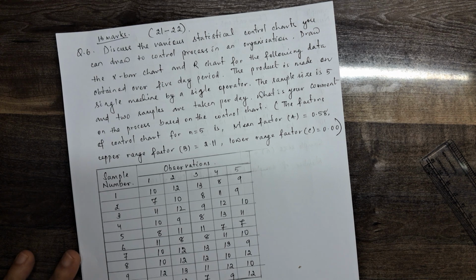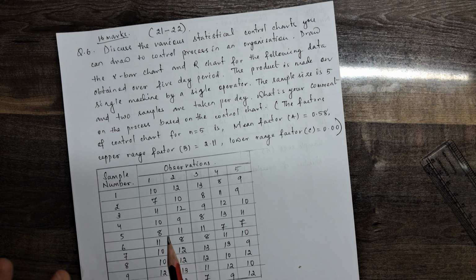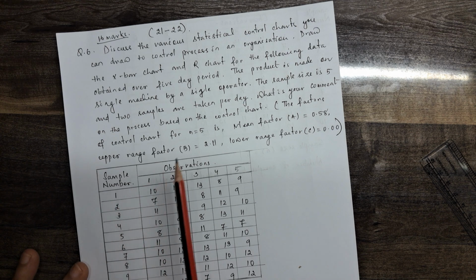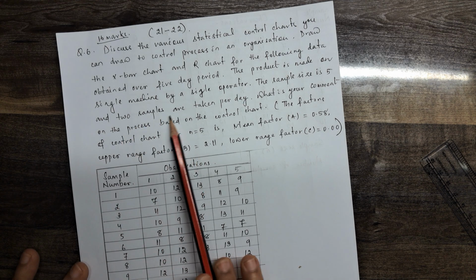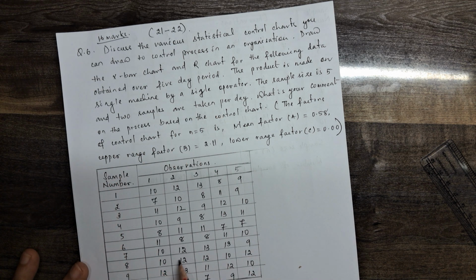The number of observations are 1, 2, 3, 4, 5. The sample size is 5 and 2 samples are taken per day, which means the total number of samples is 10.